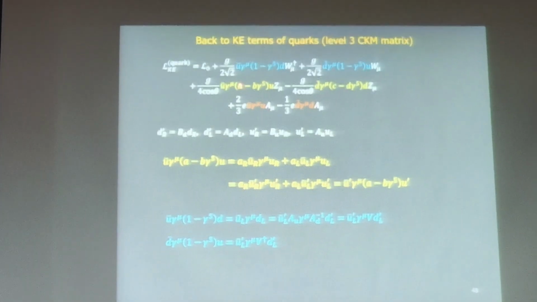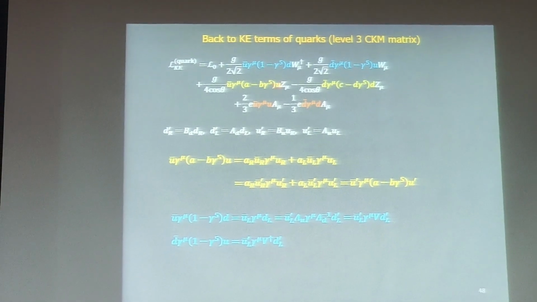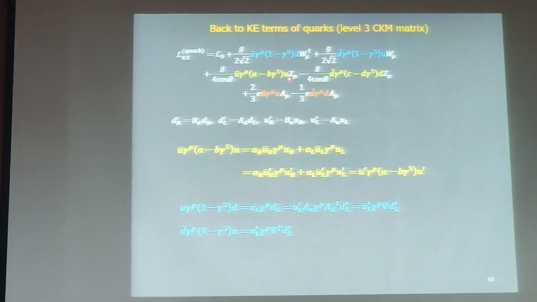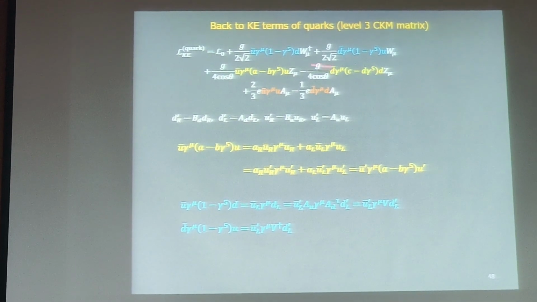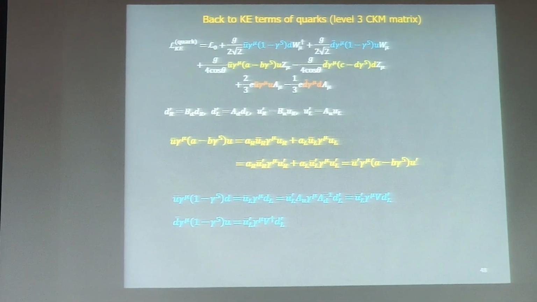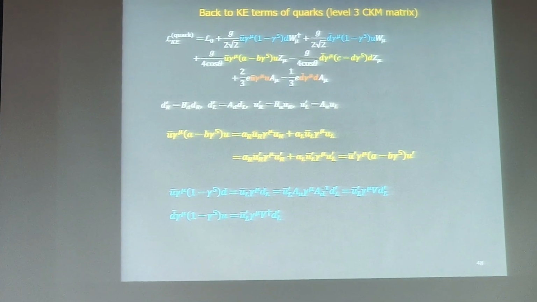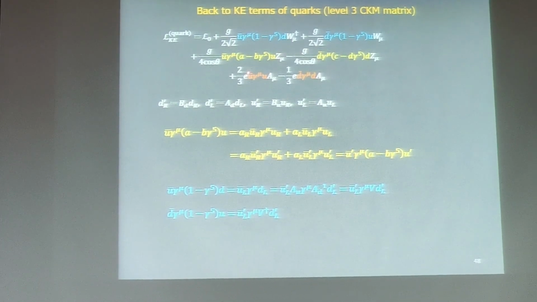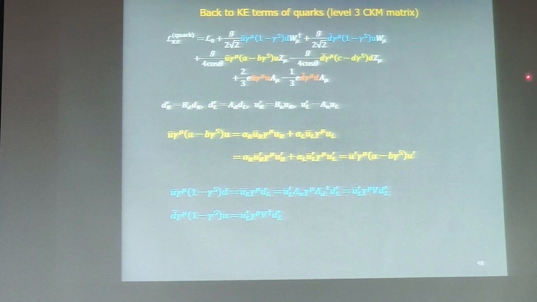So what we expect is that when we apply these transformations to these interaction terms, there are two types of interaction, actually three types of interaction. There are interactions in which the charge of the field is not changing, highlighted yellow and red. In these interactions, there will be no impact of these transformations.